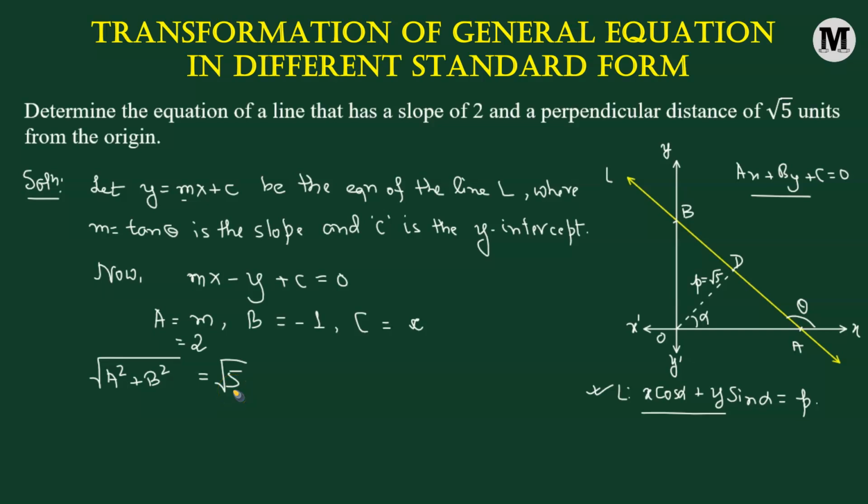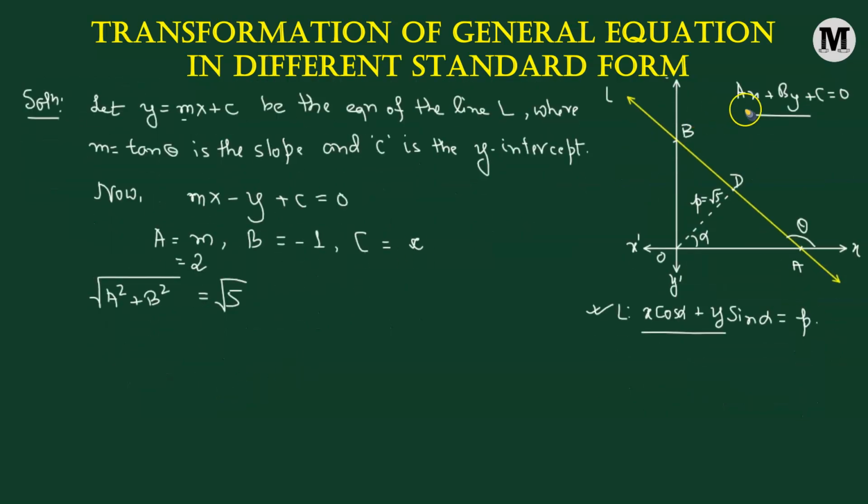This will become evident in a moment why we're using this value, because if we have the general form of a line ax plus by plus c equals 0, then the normal form of the line is given by -a divided by square root of a squared plus b squared times x, then we have -b divided by the square root of a squared plus b squared times y, and we have -c divided by the square root of a squared plus b squared. So that's going to be equal to 0. This is the normal form of the line.